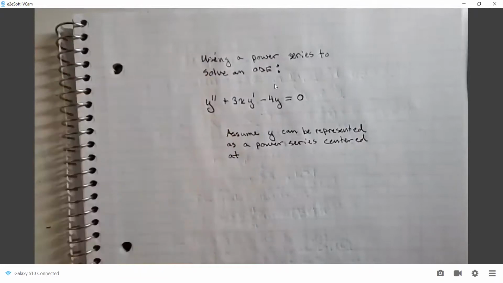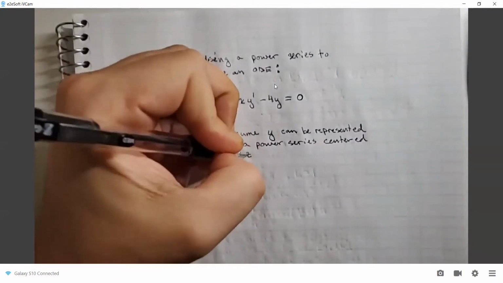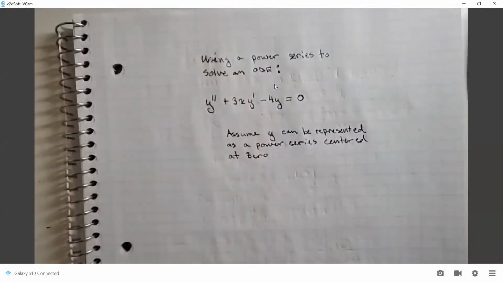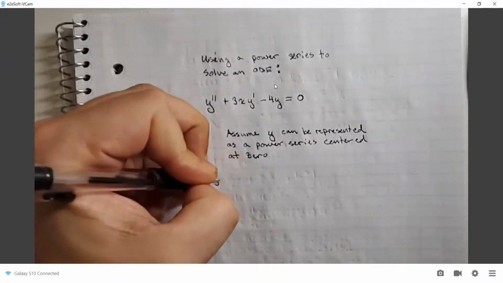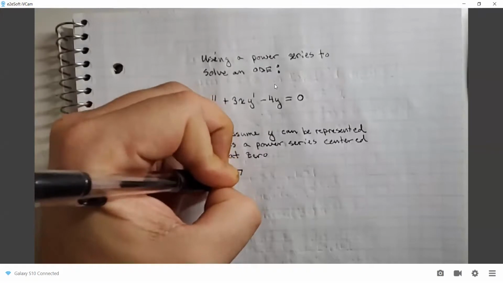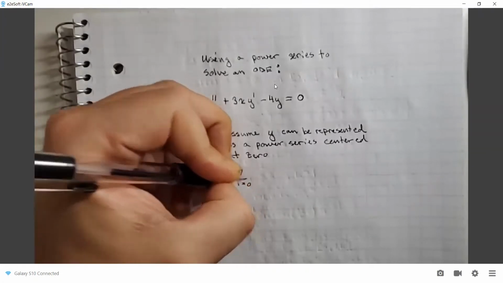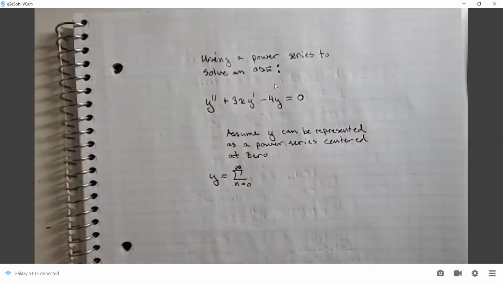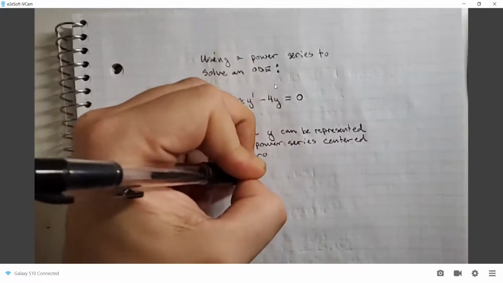So like a Maclaurin series, basically, right? In other words, we're just going to assume that y takes the general form: the sum as n goes from 0 to infinity of Cn times x to the n.